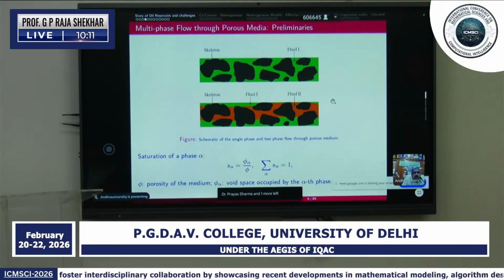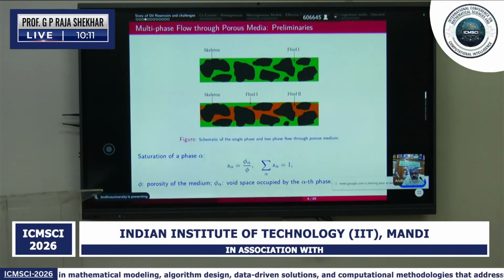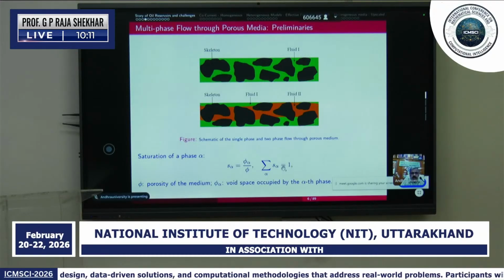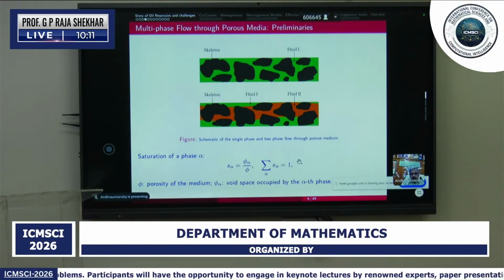But if you have more than one phase, then each phase is denoted by alpha, here water and oil, so alpha W, alpha oil. Then the total saturation is equal to 1. That means in a particular volume, the water phase and oil phase are normalized to 1.